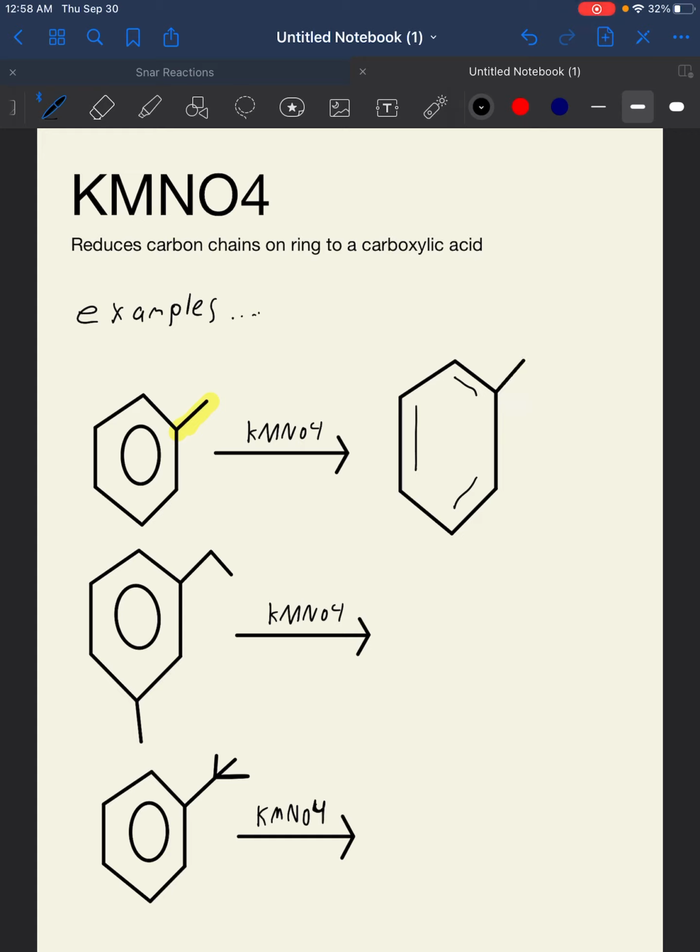The methyl just turns into carboxylic acid. Or the carbon chain just turns into carboxylic acid. Same thing for this. Next one. They just turn into carboxylic acids. No matter how long the chain is, it just gets replaced with a carboxylic acid.